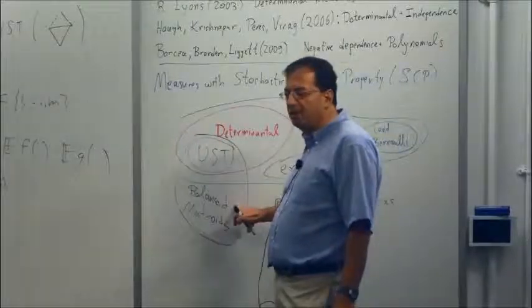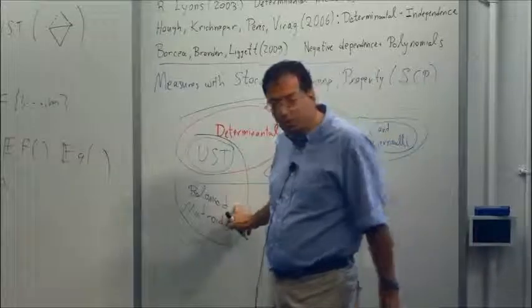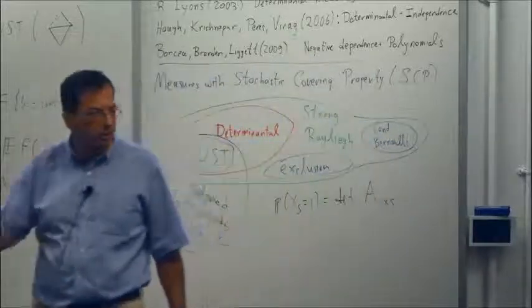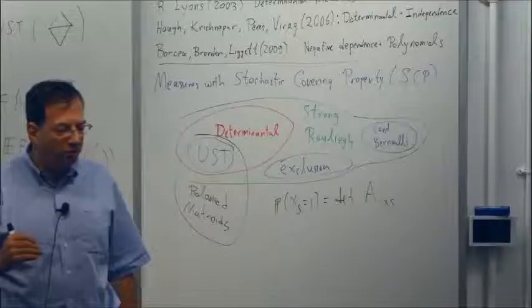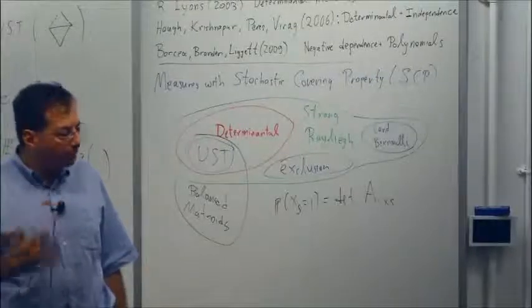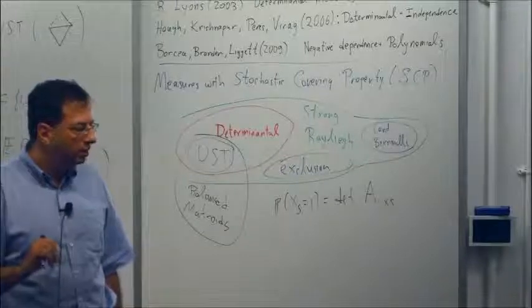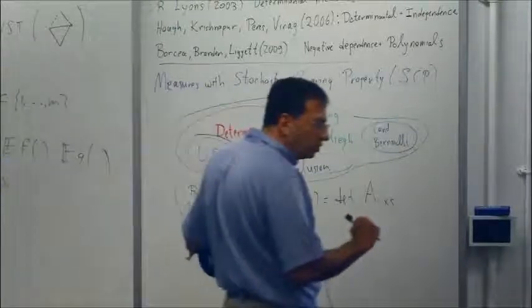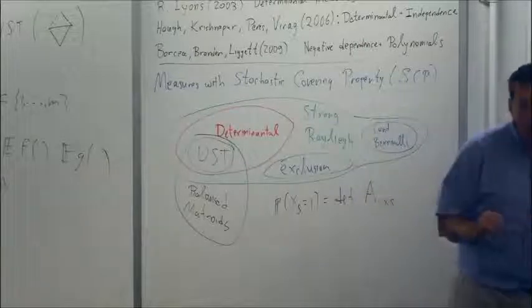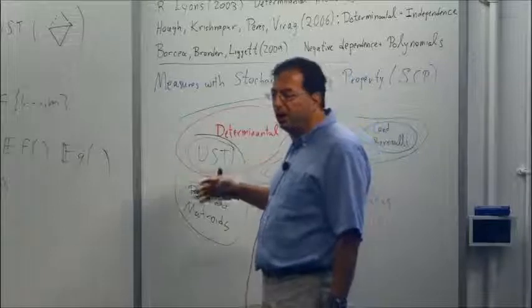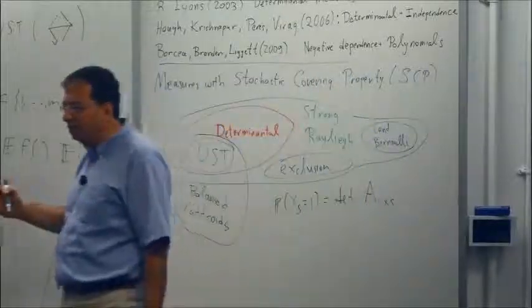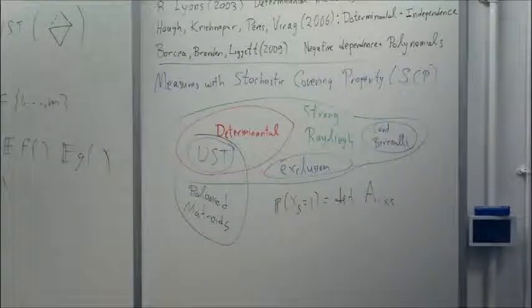Another example is balanced matroids. Returning to pairwise correlation, if you have the bases of a matroid, like in the case of uniform spanning trees, you just have to verify pairwise correlations, and you get the stochastic covering property. So these are some examples. I think it's fair to say that, though there are some other examples, most negatively dependent processes we care about have the SCP.